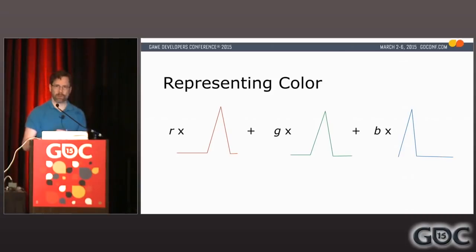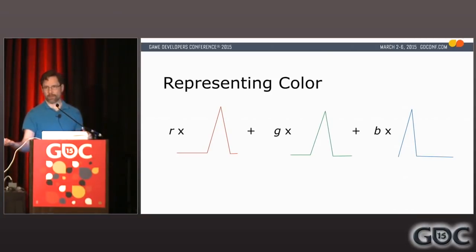So in our case, we're going to try to represent color with these three different signals. And so we're going to have a red signal, a green signal, and a blue signal. And then we're going to scale them and do a weighted sum. And this is just a vector space.